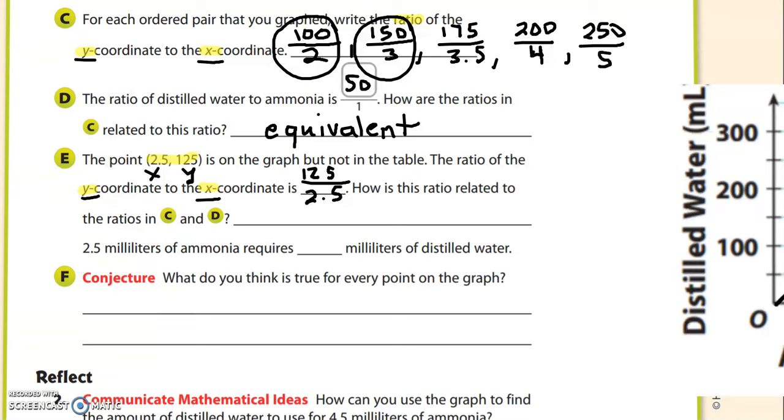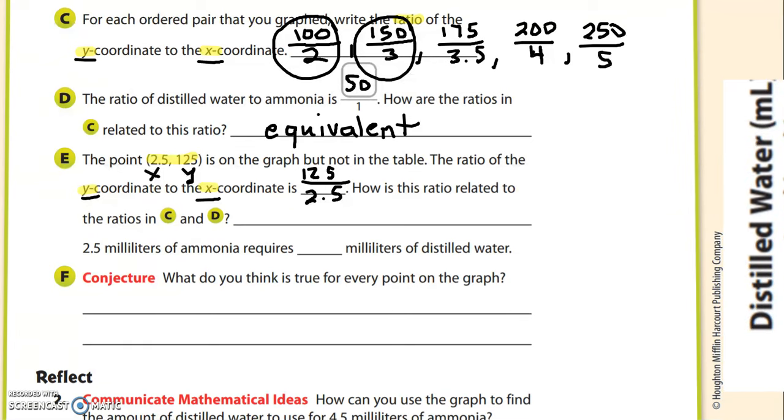So only one way to check. We could simply check using math. How could we check to see if that's equivalent? So off to the side here, I'm going to write 125 over 2.5. And I'm going to put equal question mark because I don't know if it's equivalent. And I'm trying to figure out if it's equal to 50 to 1. We decided all the other ones are equal to each other. What about this one? This is a great one for cross multiplication. Remember, cross multiplication means that if you multiply this direction, the product has to be equal to if you multiply this direction.